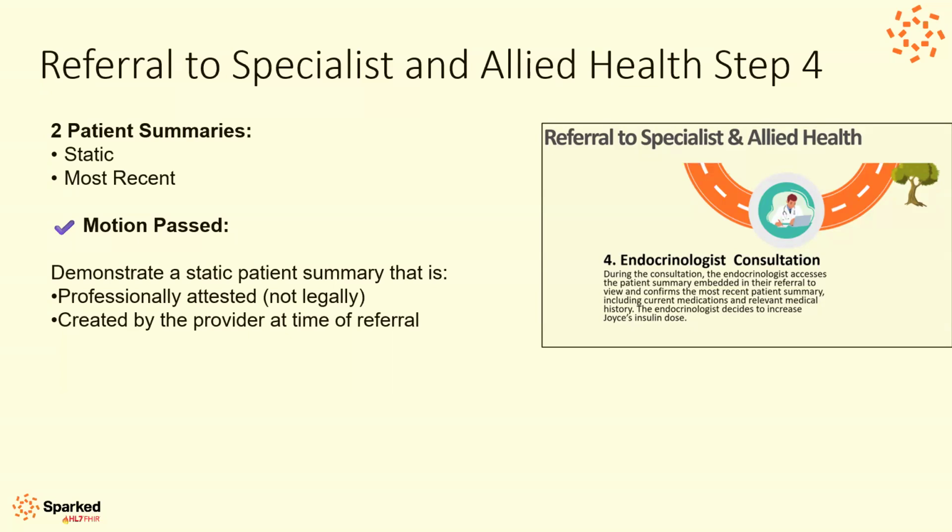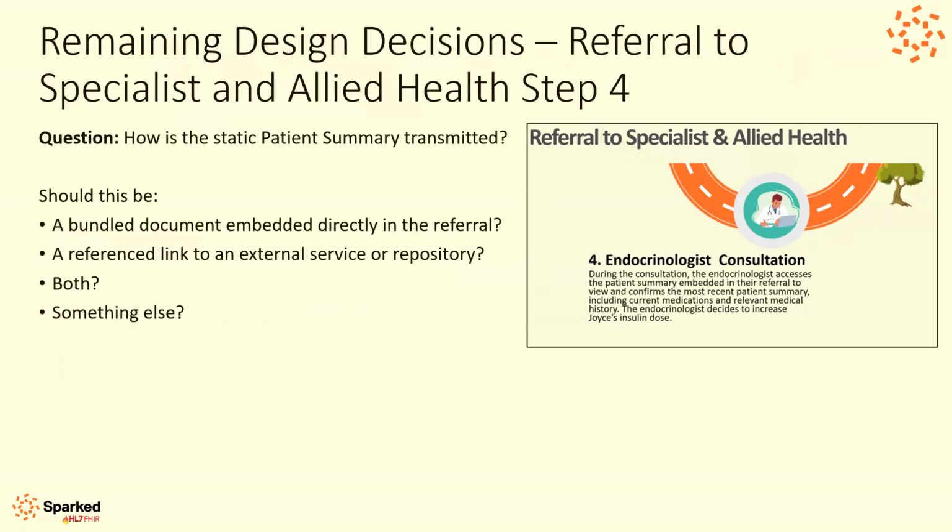The group agreed that this reflects current common clinical practice, where a summary is attached to a referral and effectively signed off by the provider at that moment. We had a robust discussion about how attestation should be interpreted, with the consensus that we're going to keep it simple without implying any legal obligations. That was where we got up to, but we still had some design decisions that need further input from the group, which I'm going to revisit today.